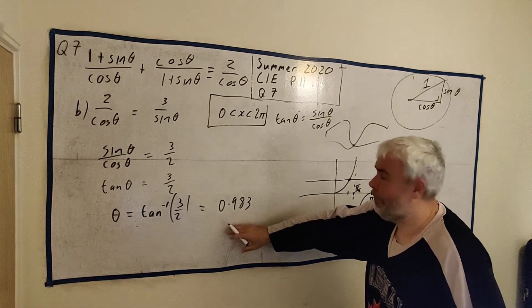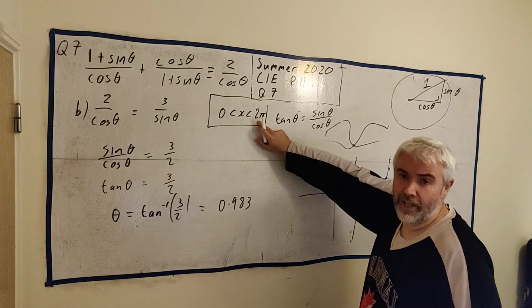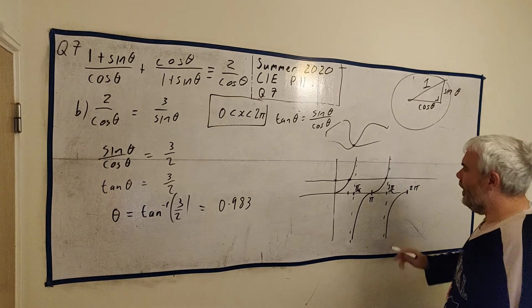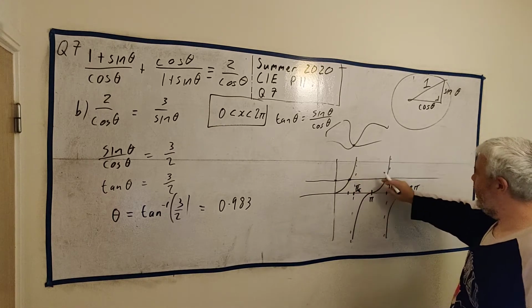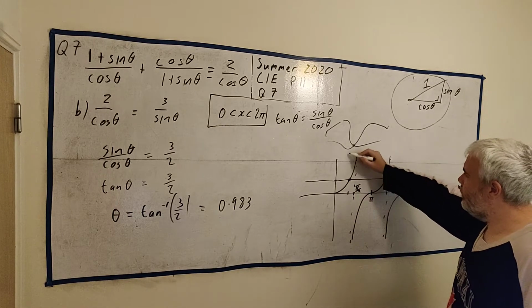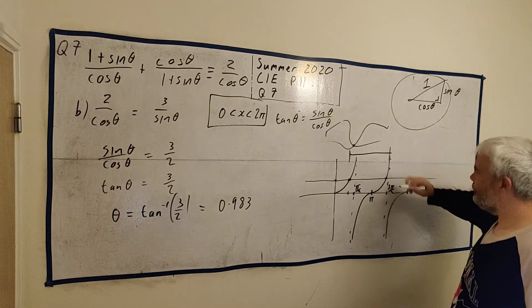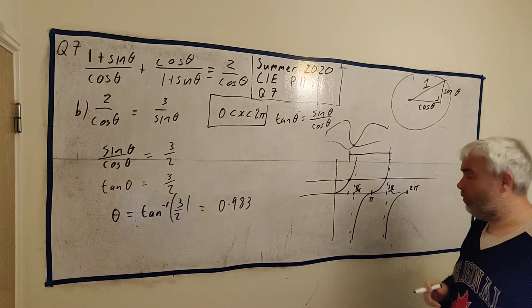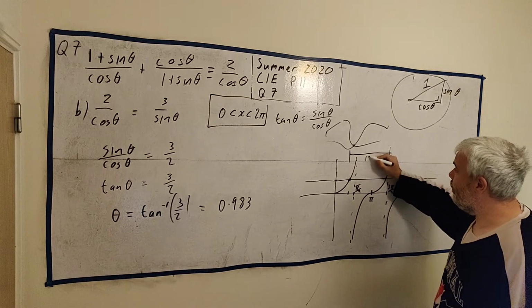This is in radians, remember. They gave us the question in radians, in pi's, so we give them our answer in radians. So this is one answer, not the only one. Here's another answer. Luckily we understand this function quite well. How far is it between these two? 180 degrees, or pi.